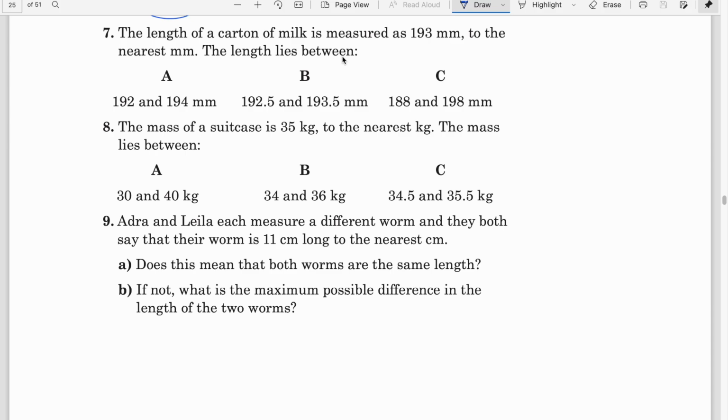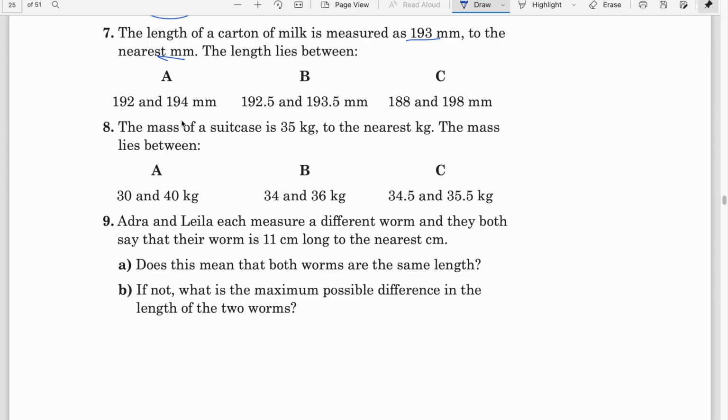The length of a carton of milk is measured 193 to the nearest millimeter. The length lies between. Okay, this time the answer is given, we just have to select it. A, B or C? We've done 6 questions including those parts.